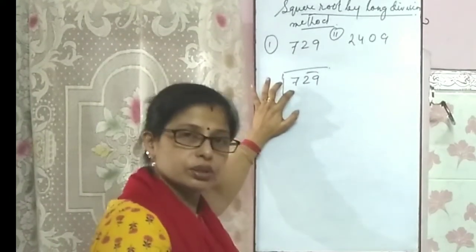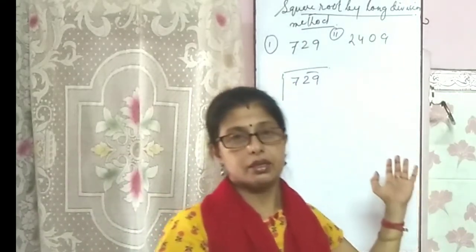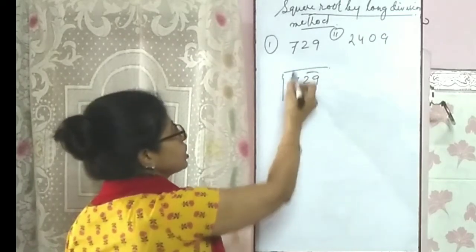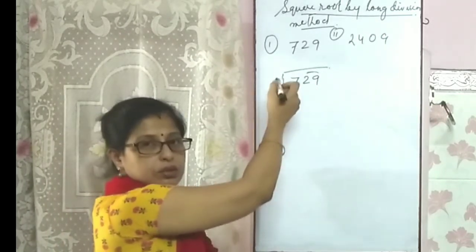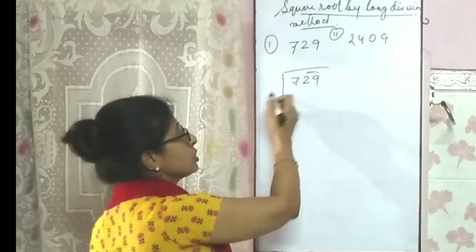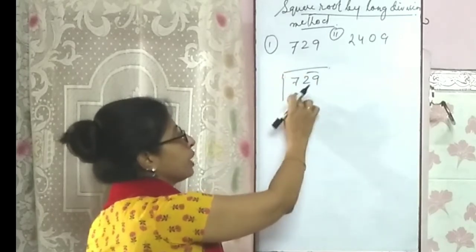And how to choose the number? Not like simple division. In a simple division we can use 2 3s are 6, a different number. But here we can't choose a different number. Whatever number you take here, the same number you have to multiply.